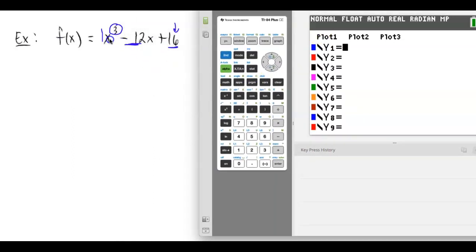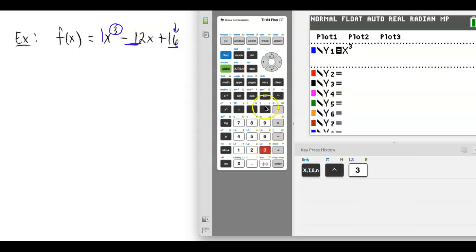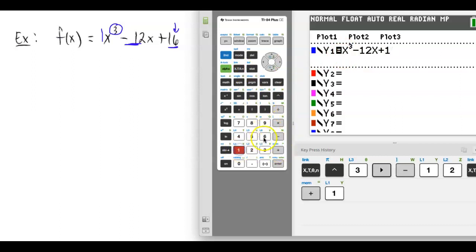And what I'm going to do is type in this particular function. To do that, I know that this button here with the X and the T and the theta and the nu is going to be my variable button. So I'm going to do that, raised to the 3. And then I will do the right arrow here to get out of the exponent. Then minus 12x, then plus 16.